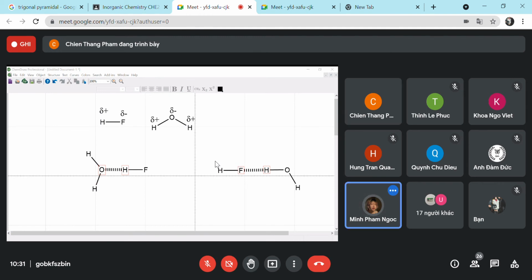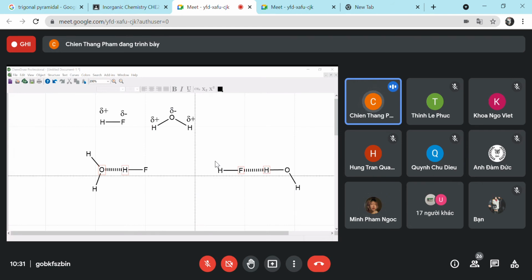Okay, so is there another type of hydrogen bond in the aqueous HF solution? Is there another different type of hydrogen bond? Your friend has already mentioned 2 types of hydrogen bond. The first one is between hydrogen of HF and oxygen of water. The second one is between hydrogen of water and fluorine of HF.